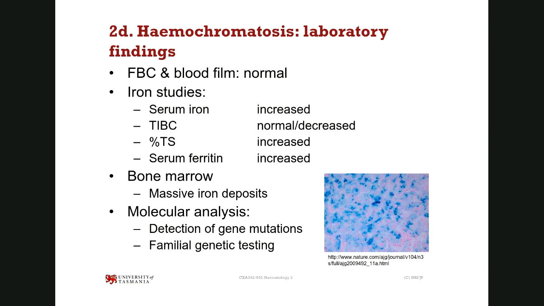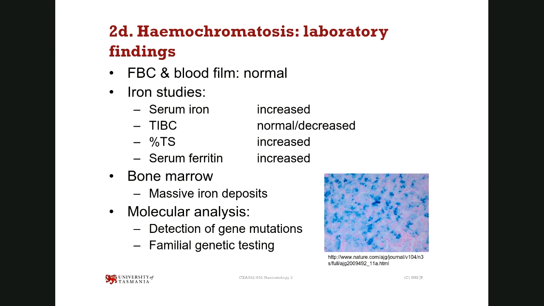So talking about the laboratory findings, the blood film is normal, but if you've got somebody who is on their game, then they may think of actually doing iron studies. And it is our iron studies that can show us this uncontrolled absorption of iron. So everything is increased.